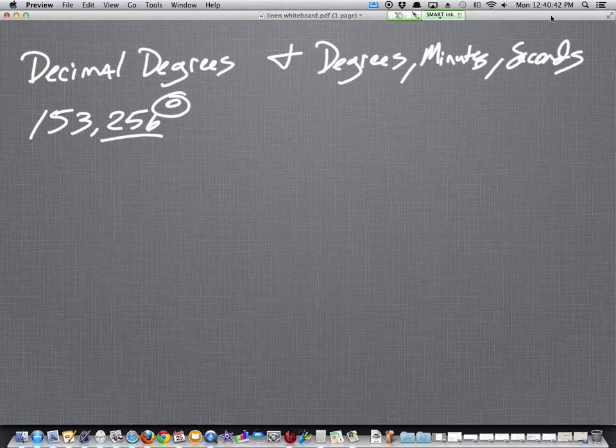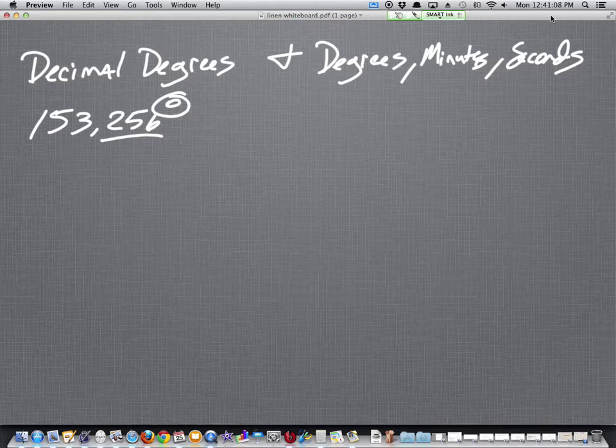It has mainly to do with longitude and latitude. If you're giving the location of something with longitude and latitude, it's going to be given to you in degrees, minutes, and seconds, and not decimal degrees. Reason being is you can be a whole lot more accurate with degrees, minutes, and seconds than you can be with decimal degrees. It would take a very long decimal to get as accurate as degrees, minutes, and seconds.